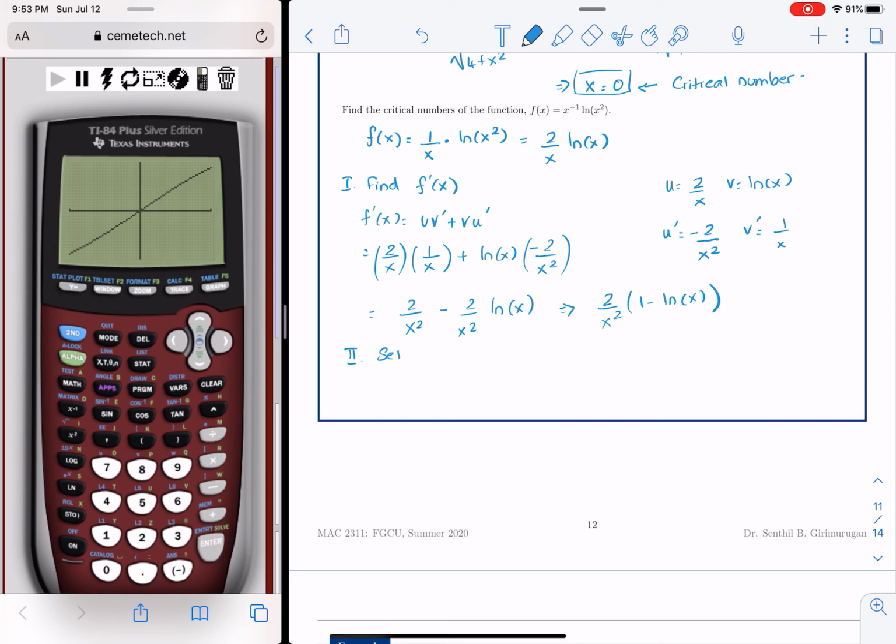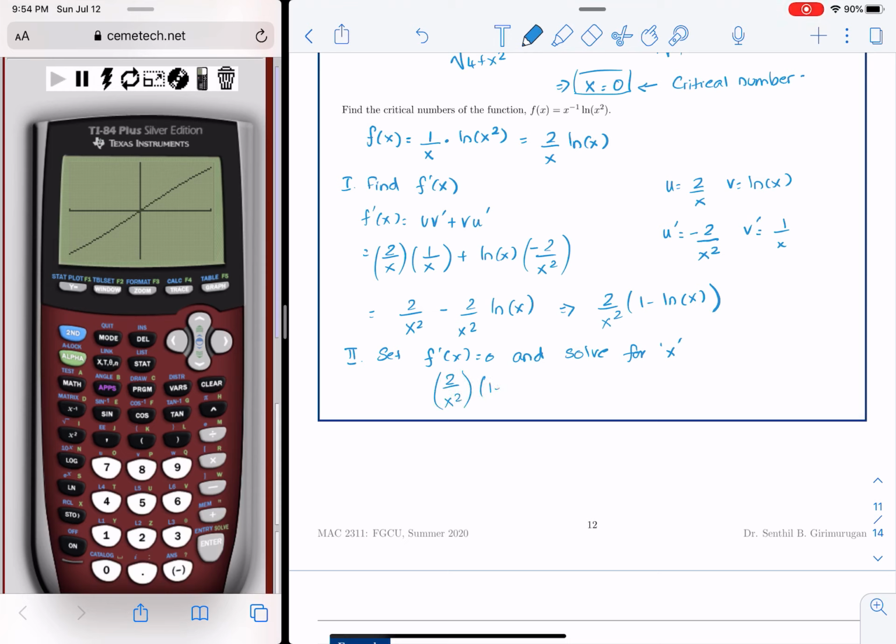So set f prime of x equal to 0 and solve for x. So we have 2 over x squared, that is the first factor, multiplied by 1 minus ln of x equal to 0. Obviously the first factor would never become 0, so we have to set the other factor equal to 0. 1 minus ln of x equals 0, which would imply ln of x is equal to 1, which would imply x is equal to e raised to 1.